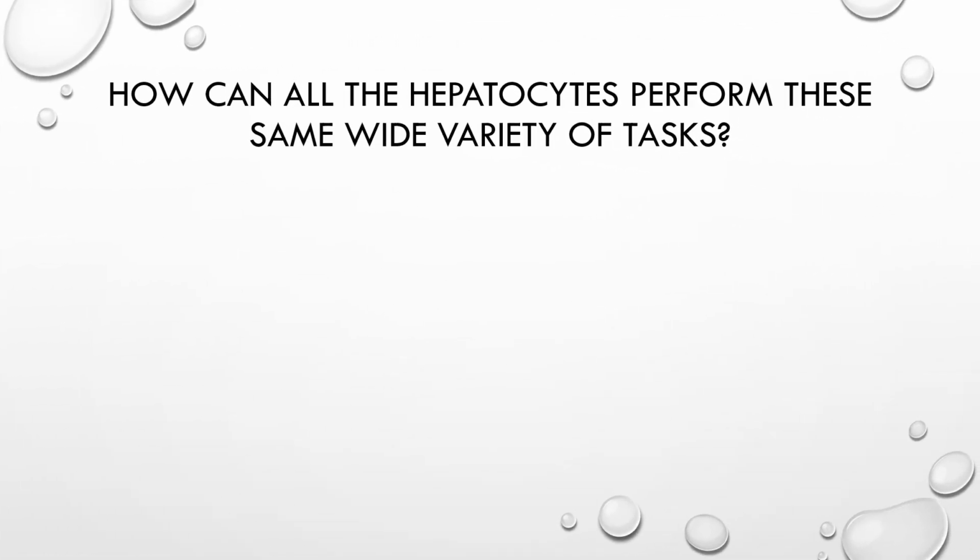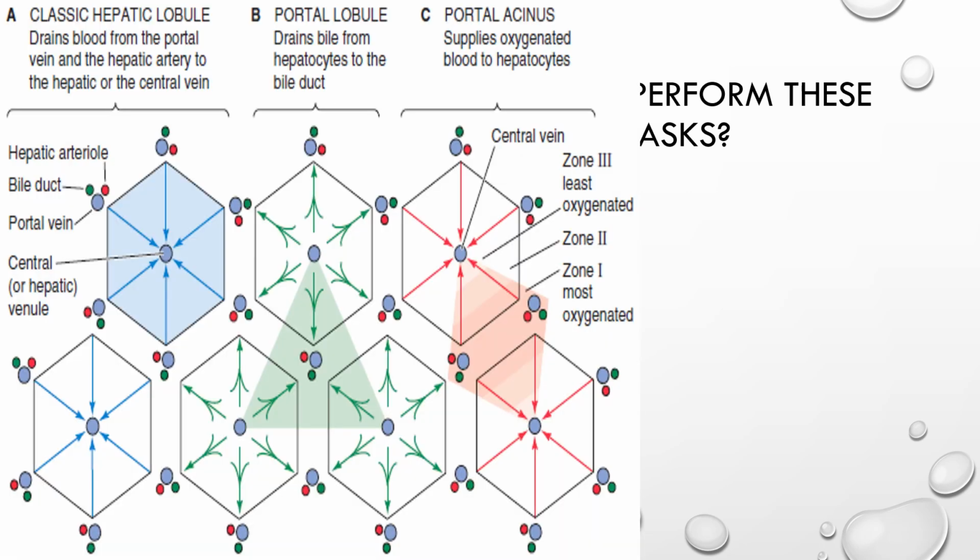How can all these hepatocytes perform this variety of tasks? How is it possible? How is the liver functioning like this? It is because of how it is presented, right? As it is divided into three different zones, it performs its function accordingly.